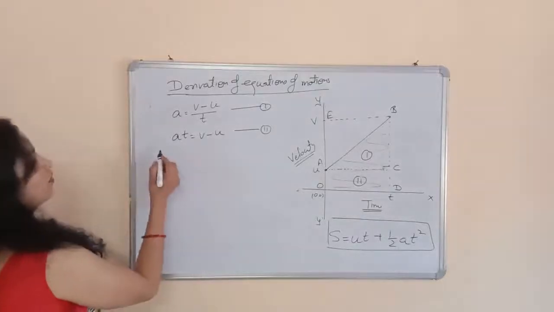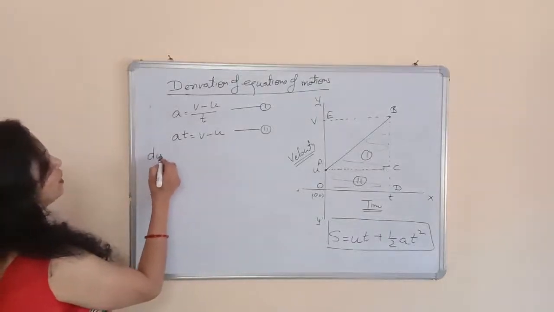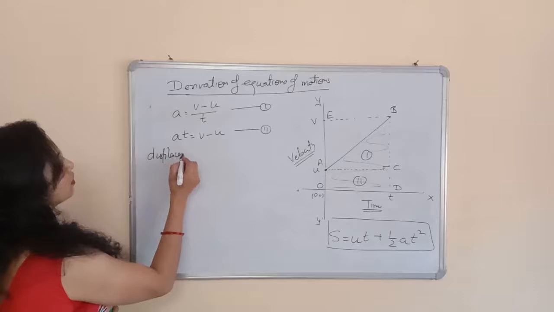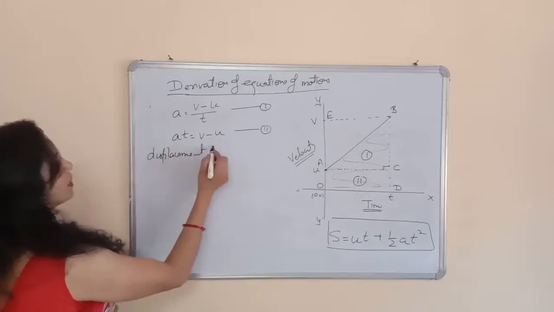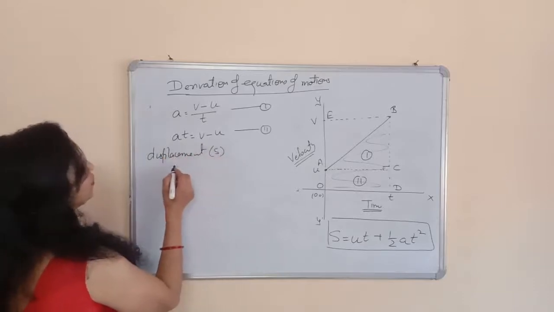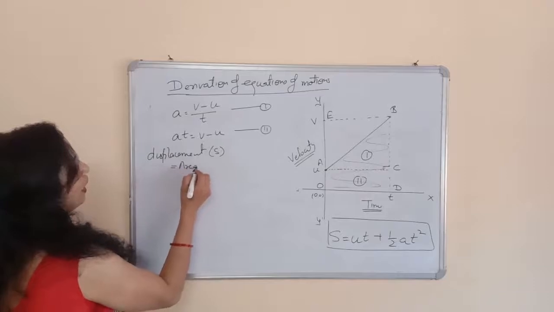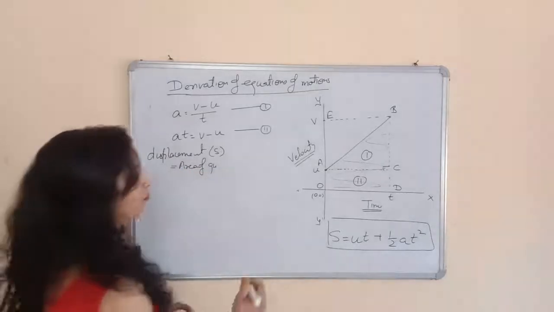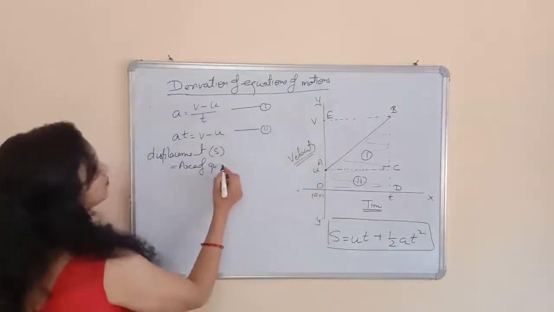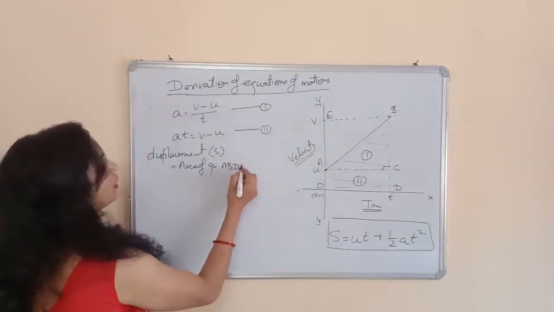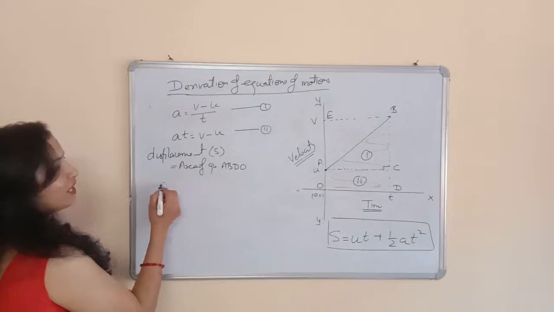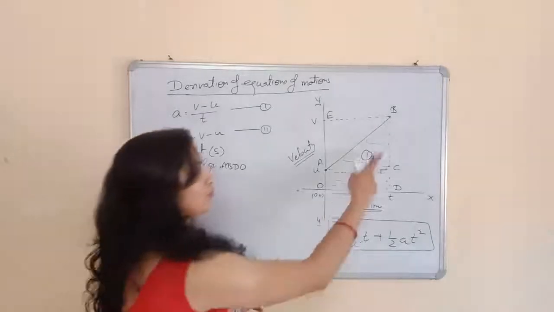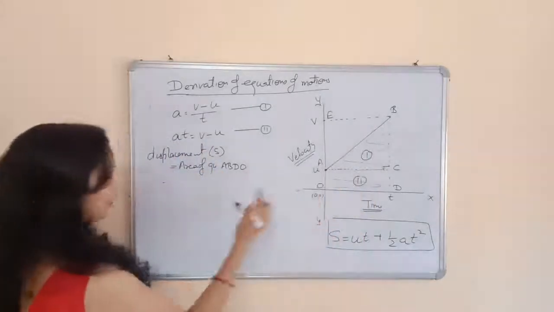So we will say that the displacement of the body, displacement S, is equal to area of quadrilateral, or we can say trapezium ABDO. Or we can say, we can divide it into two parts, the triangle plus rectangle.